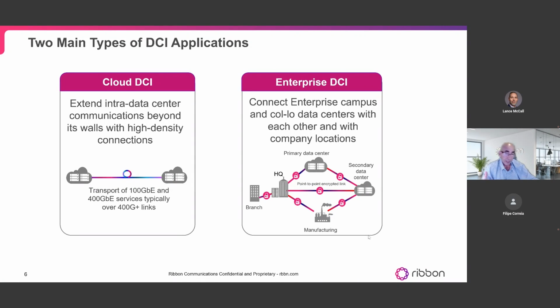And in fact, you might see a mix of both, right? Because more and more enterprises are moving their traffic to the cloud. So there may be a scenario where the enterprise has a network to connect their own internal locations, and yet they have a cloud DCI solution to connect to maybe a colo location or to the public cloud as well. So it's not just one size fits all. It may be a mix of these solutions.